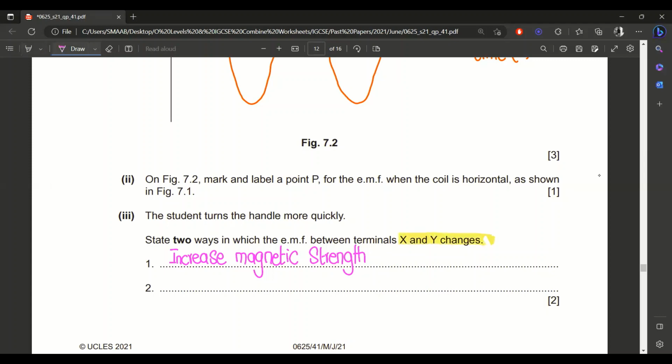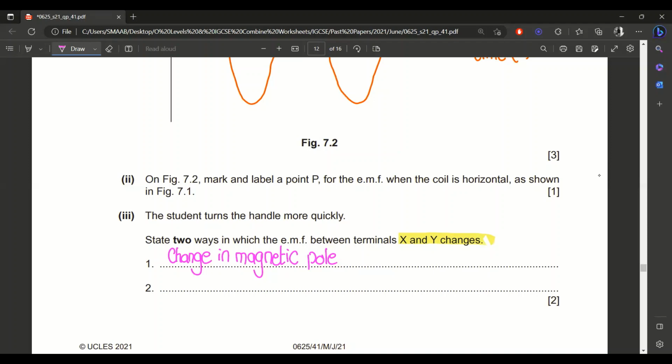Change means we need to reverse the poles of the magnets, right? So we don't need to write increase in magnetic field. We need to write change in magnetic poles. If we reverse the magnetic poles, that will change the EMF between terminals X and Y, right?